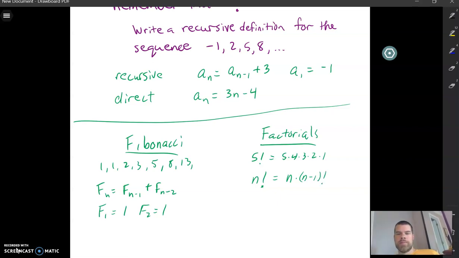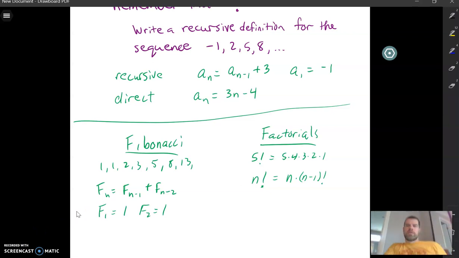Then, of course, you need to know what n minus 1 factorial is, which would be n minus 2 factorial times n minus 1, and so on. And then with a base case, 1 factorial is 1, 2 factorial is 2, and then you can build from there.